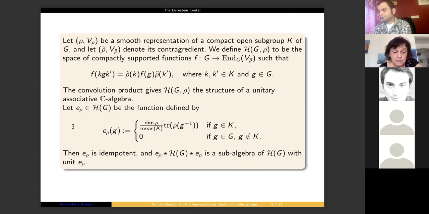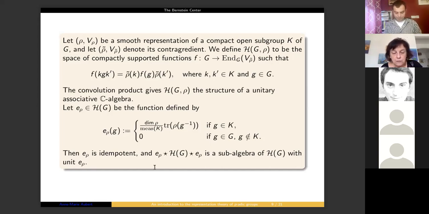And you can define and attach to it an idempotent, which is the function defined as follows. For elements which are not in K, it is 0, and for g in K, you consider essentially the trace of rho at g minus 1 with a normalizing factor. And so this element e sub rho is an idempotent, so its square is equal to itself.